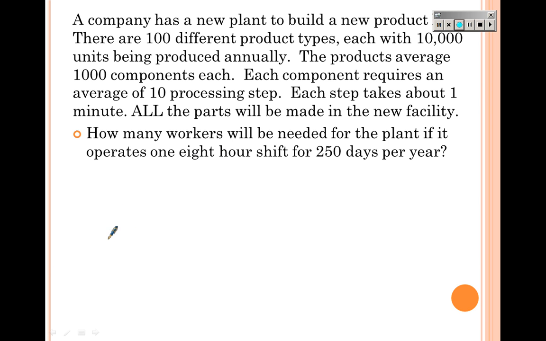We have 8 hours per day times 250 days per year.